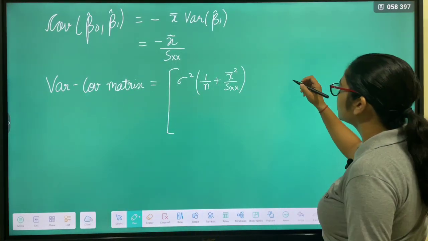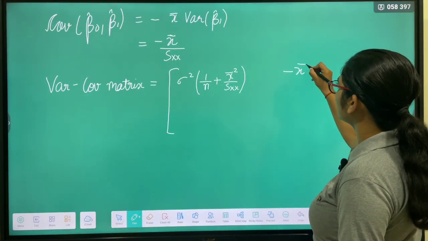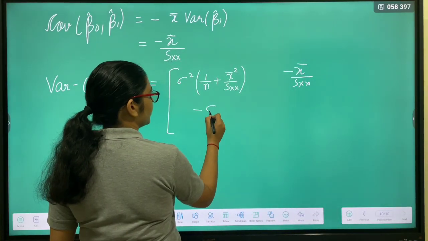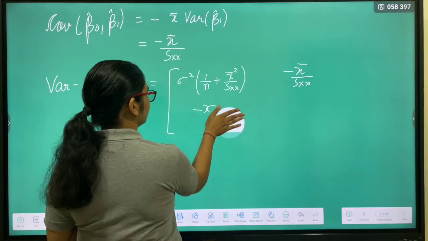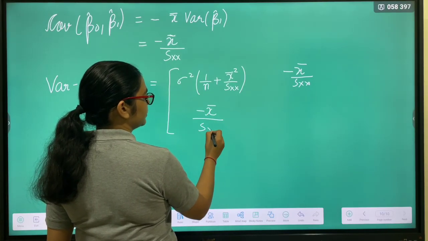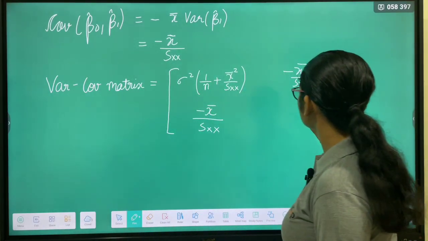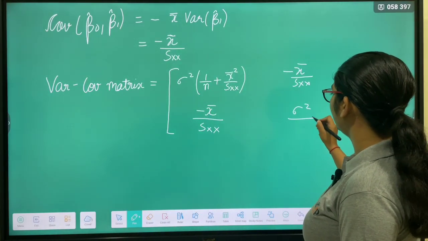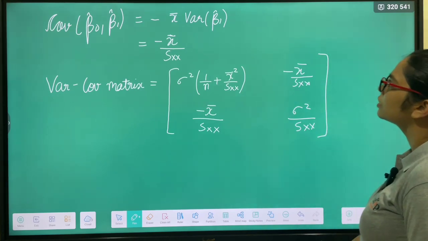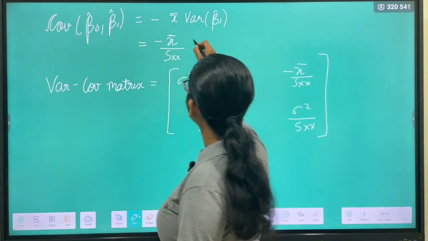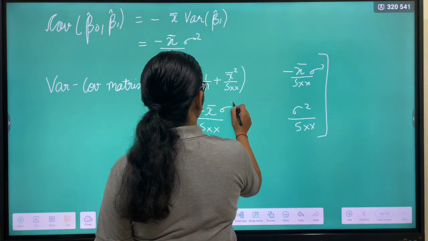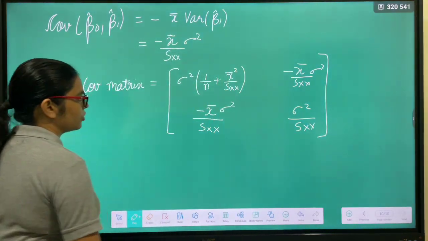Then the covariance becomes minus x bar upon sxx, and this also becomes minus x bar upon sxx, and this becomes sigma square upon sxx. It will also be multiplied by sigma square. So this is our variance covariance matrix.